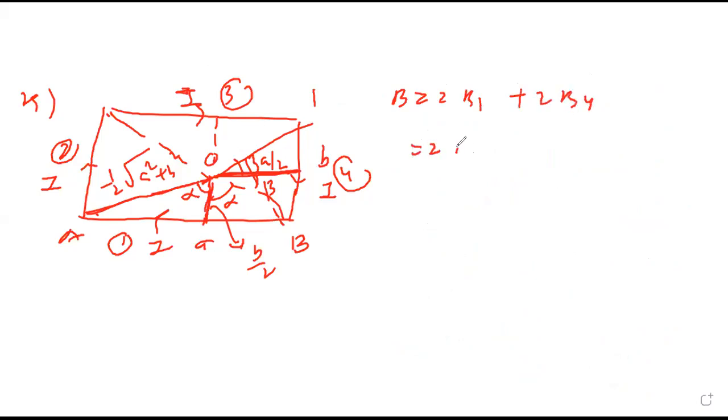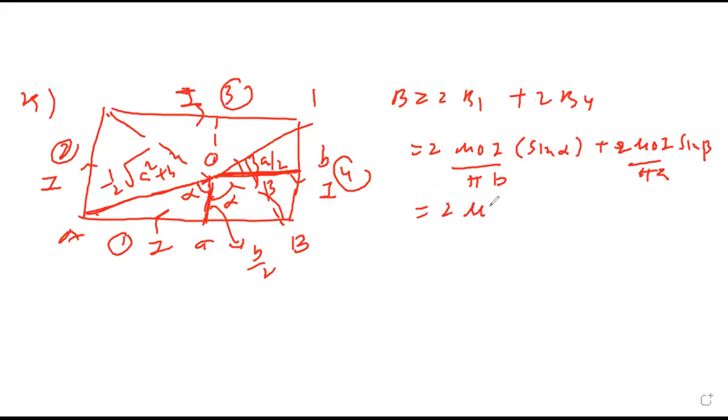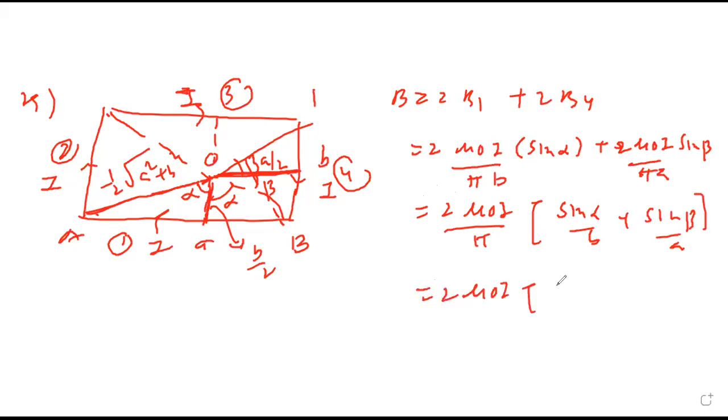So 2 times mu naught I upon pi B into sin alpha, plus 2 times mu naught I upon pi A into sin beta. So 2 times mu naught I upon pi is common, inside sin alpha upon B plus sin beta upon A. So 2 times mu naught I, A sin alpha plus B sin beta, upon AB.